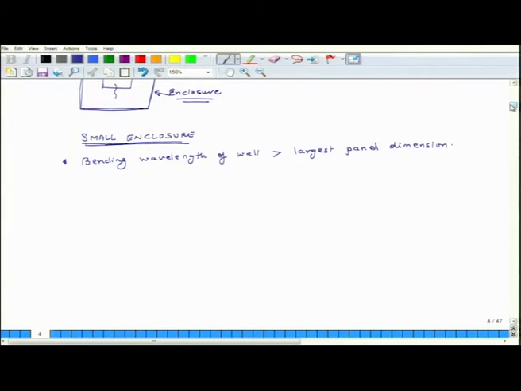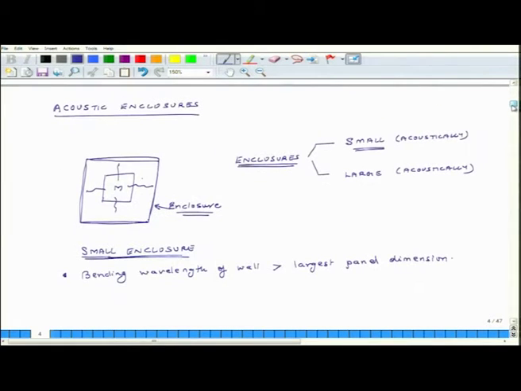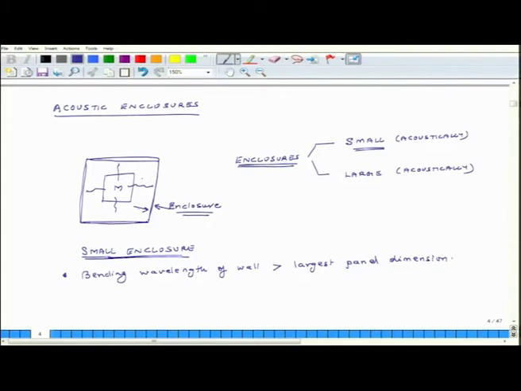So, what is the bending wavelength of the wall? This enclosure is made up of several walls. It could be a cubical box, or a box with 6 sides, or it could be a sphere or a cylinder. But regardless, whenever you have an enclosure, it will have some walls outside it. And when the noise from inside hits it, what will happen to the walls?